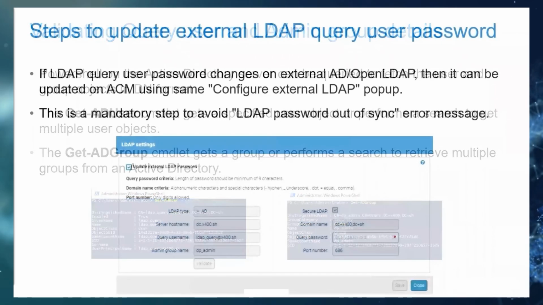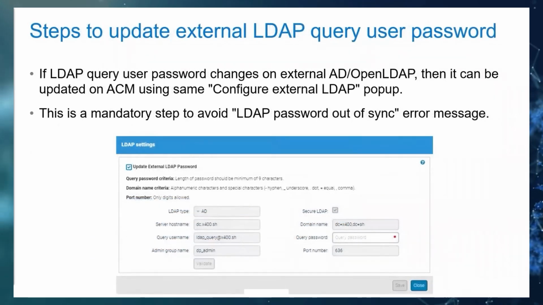Now, some things to note is that once the LDAP is configured on the IDPA, ACM, as I said in my previous slides, stores the details of the LDAP configuration in LDAP config.xml. It also stores the password for this query user in a file called component credentials.xml.